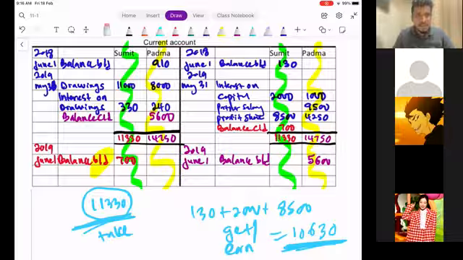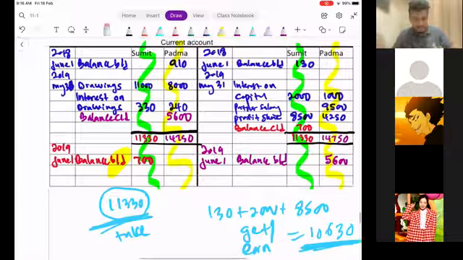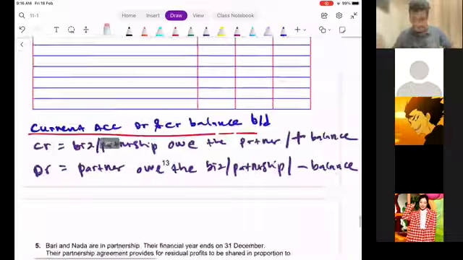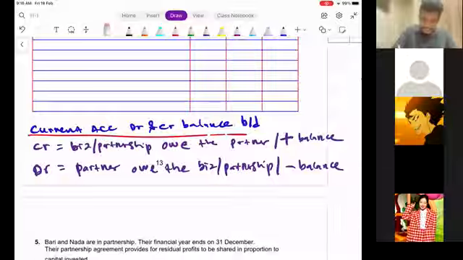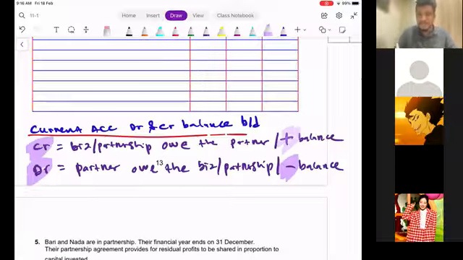Who doesn't understand why we owe the guy and the guy owes us? So that's why if it is a debit balance, we put in a negative balance. If it is a credit balance, we put in a positive balance. Understand? Okay, please copy this.